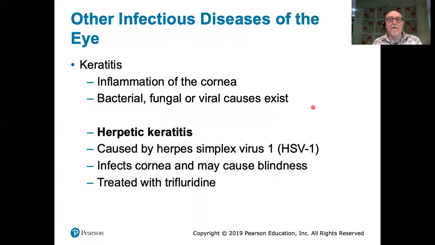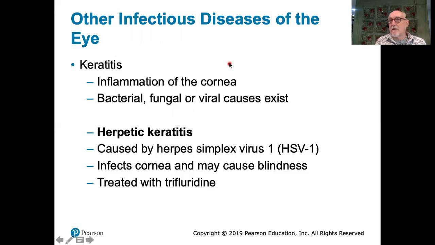I will just mention that some of these bacterial infections, even Haemophilus and these things which cause conjunctivitis, can actually cause a specific inflammation of the cornea, and that's called keratitis.